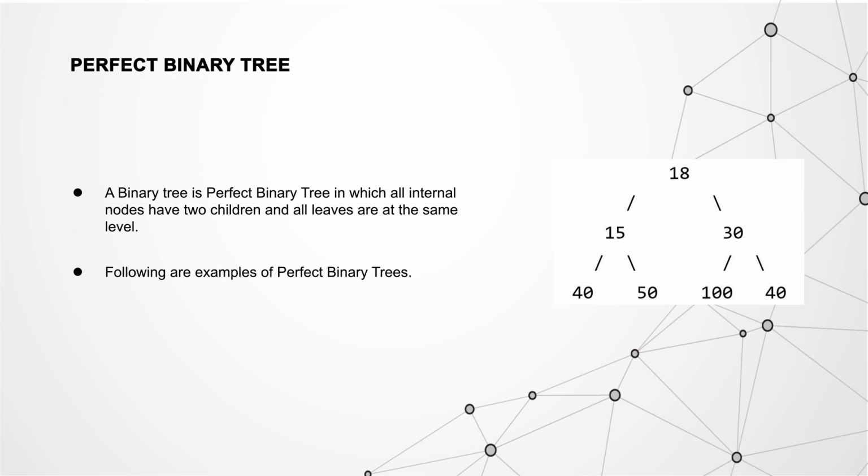It means 40, 50, 100 and 40 are at the same level. That is called a perfect binary tree. A perfect binary tree of height h, where height is the number of nodes on the path from the root to a leaf, has 2 to the power h minus 1 nodes.